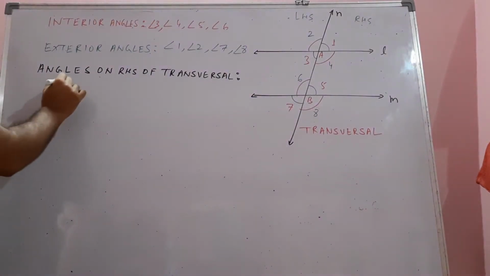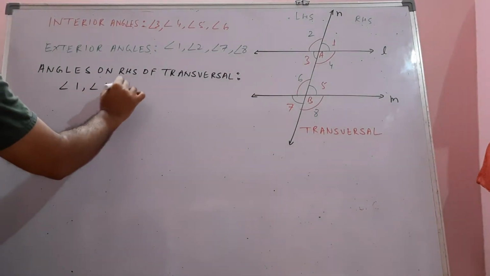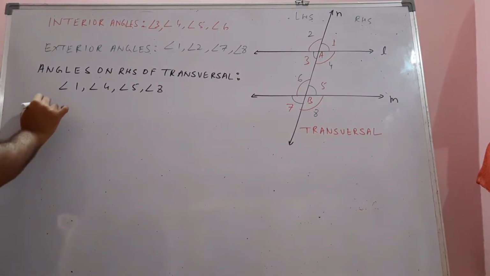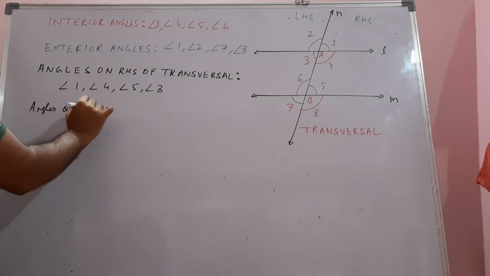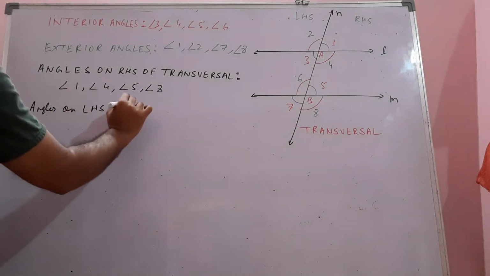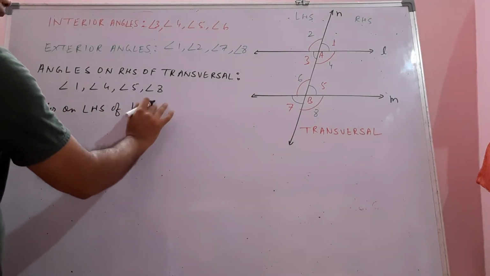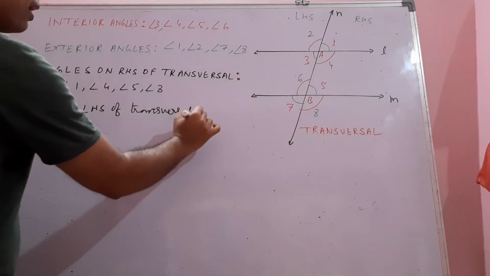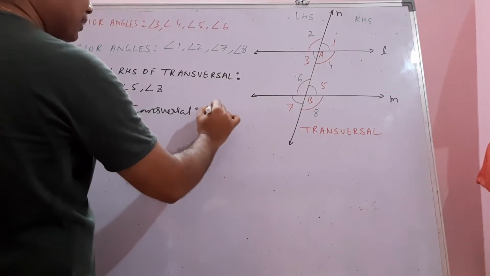They are 1, 4, 5, 8. And angles on the left hand side of the transversal, what are those angles? They are 2, 3, 6, 7.